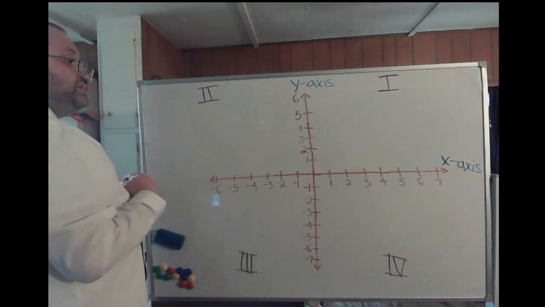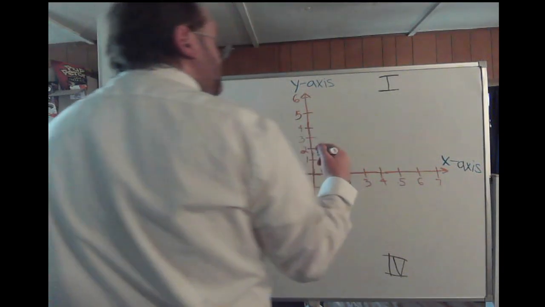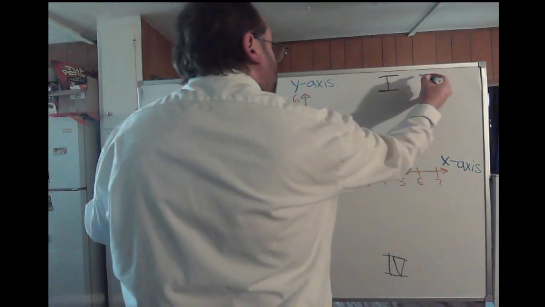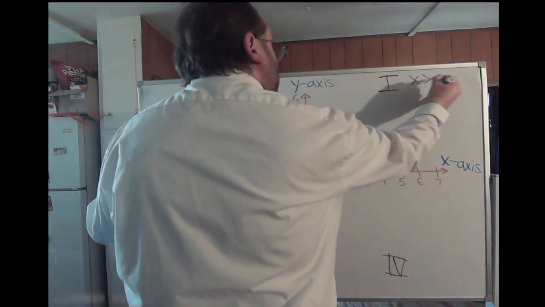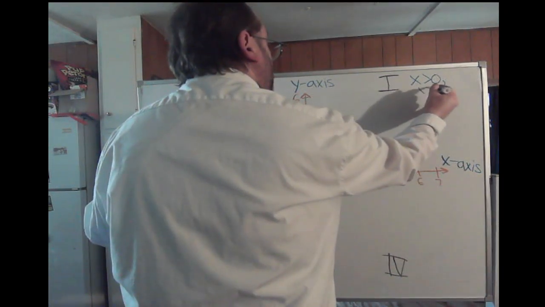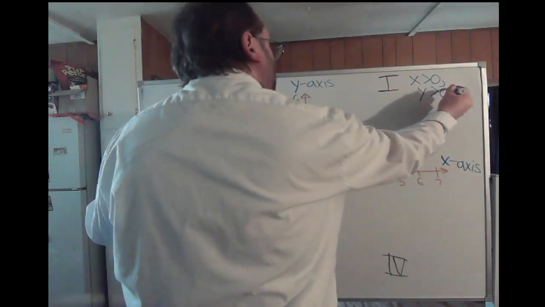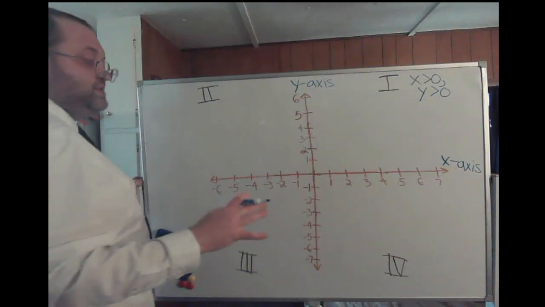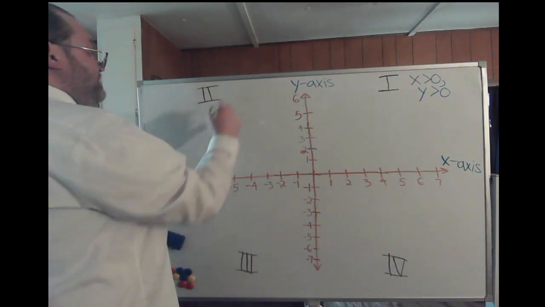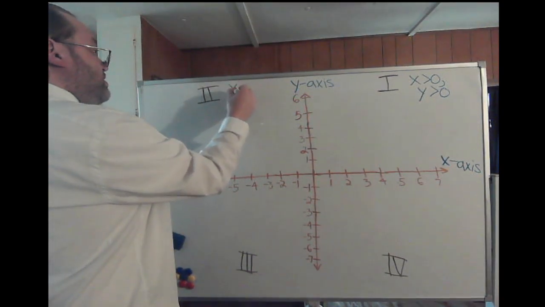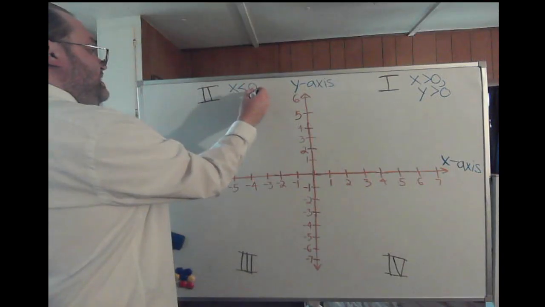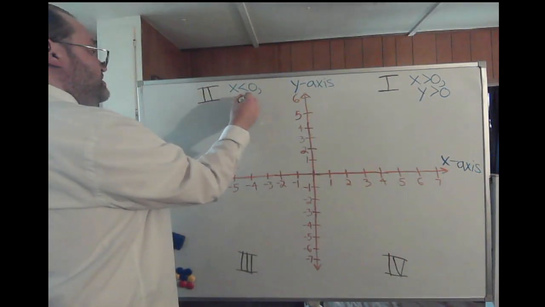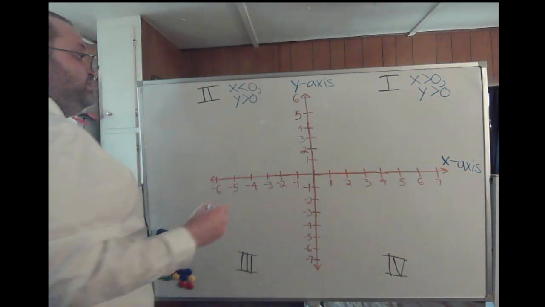Some characteristics of each quadrant also. In the first quadrant, x is always positive or greater than 0, and y is always greater than 0 also. So your x and y coordinates are both positive. Now in the second quadrant, your x coordinate is less than 0 or always negative, but your y coordinate is always greater than 0 or positive.